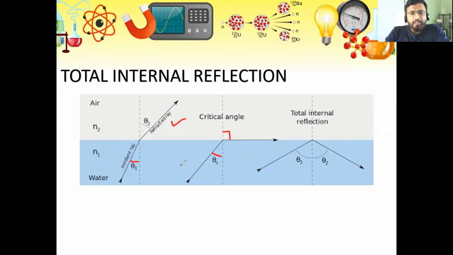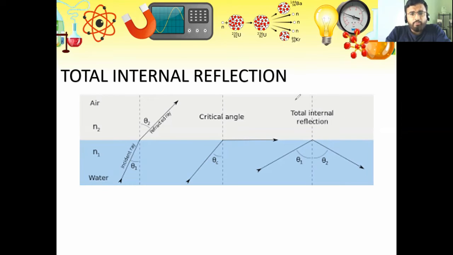So what will happen if we go on increasing the angle of incidence even above the critical angle? Yes, if we go on increasing the angle of incidence above the critical angle, you can see in the third image that the total light is reflected in the same medium and it is not emerging out of the medium at this point.